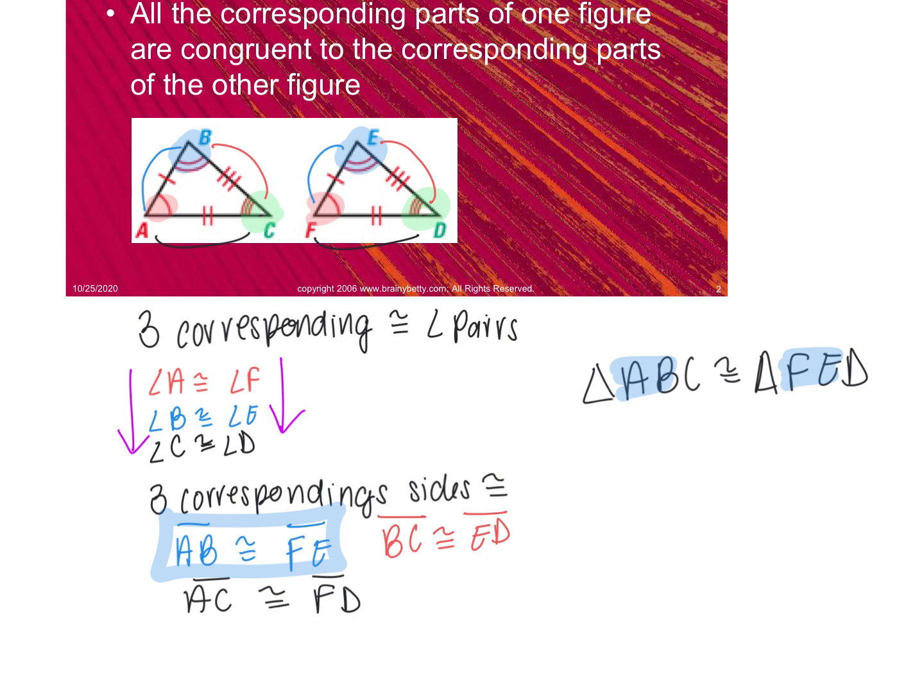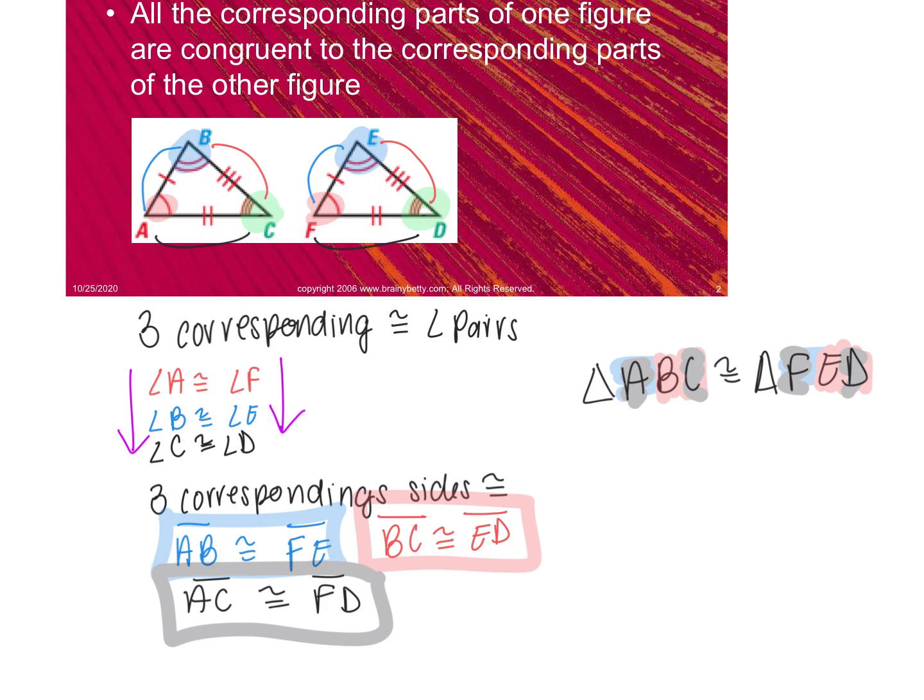I have side BC, which is right here, and ED. So again, matching them, they're in the exact same position. And then AC and FD. So when you're looking at it, again, you're matching them together.